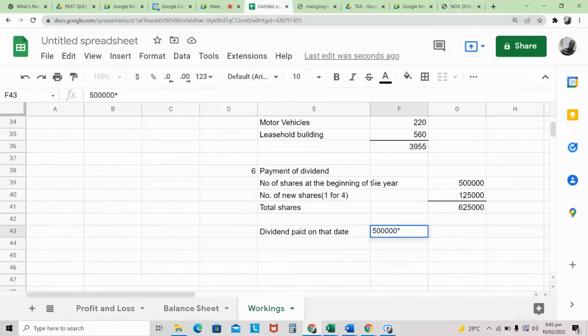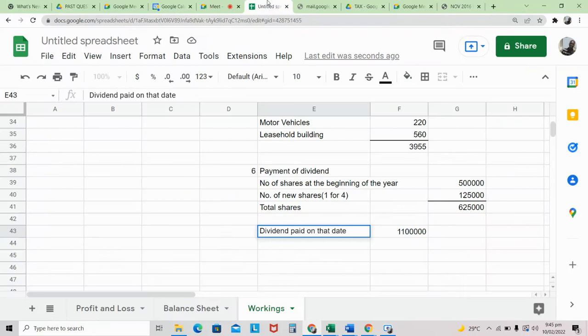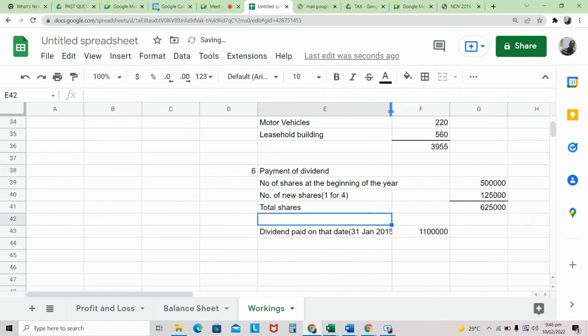So you just multiply it by this. This is a dividend that was paid on 31st January 2015.